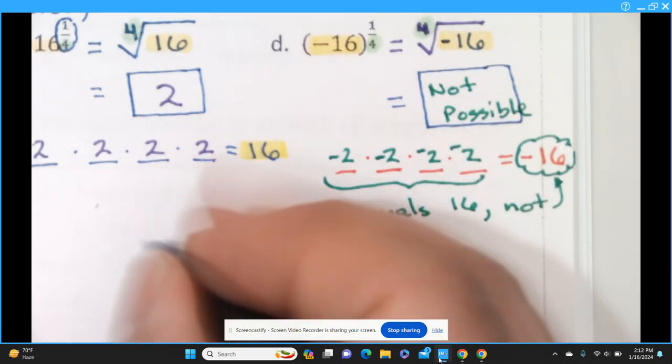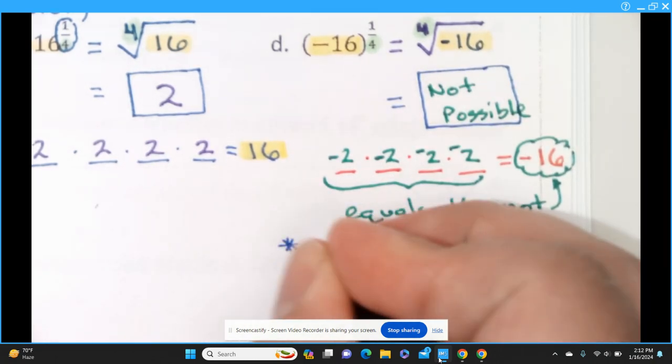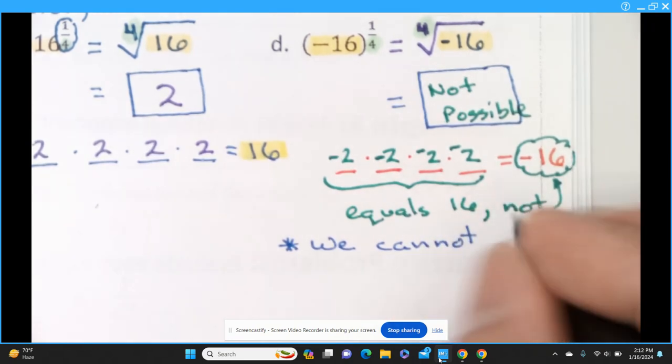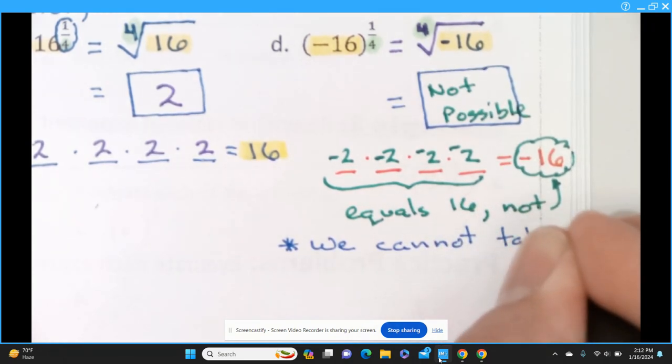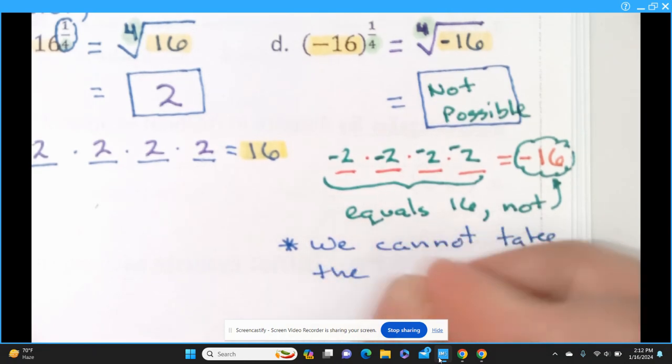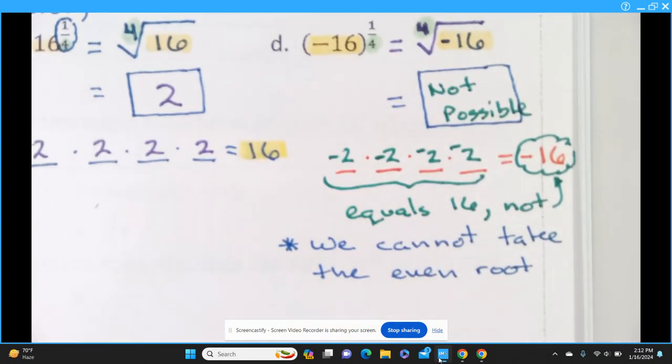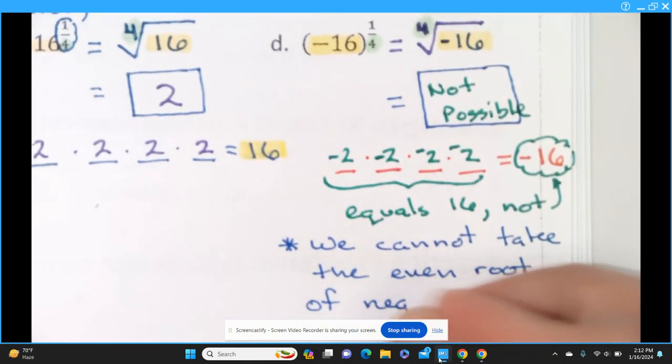So the note is, we cannot take the even root of negative numbers.